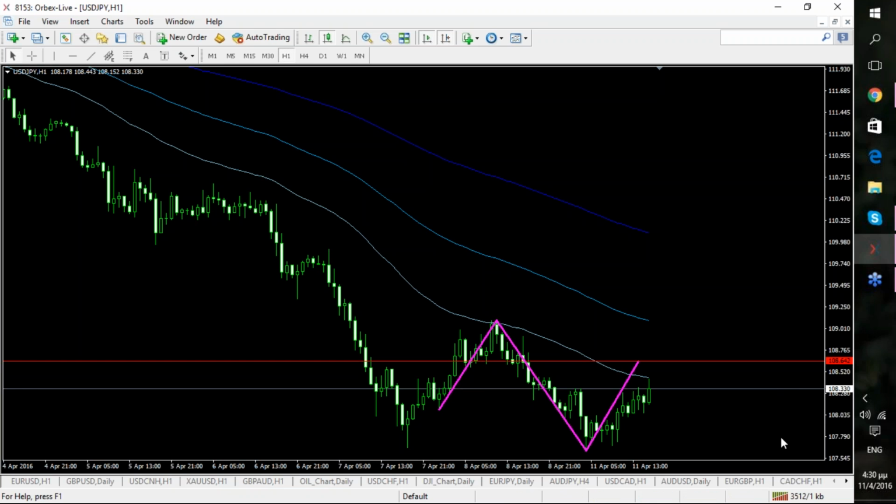So definitely these two levels, between the level that I've drawn in red and the level where the wick has actually paused, is very close to the 50 exponential moving average area. So that is for your dollar there versus the yen.